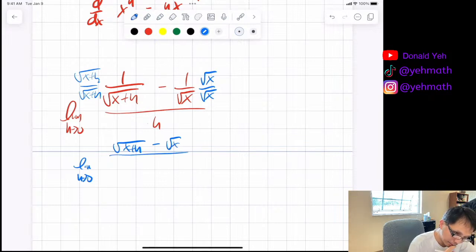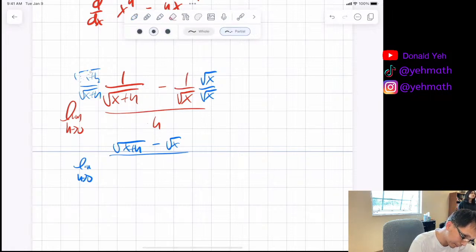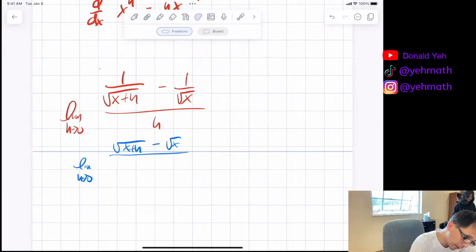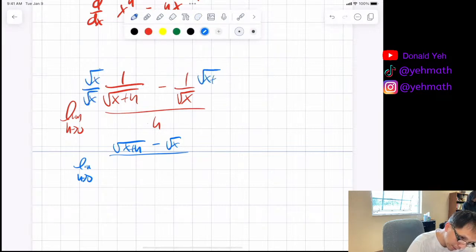Wait, did I do it wrong? I think I did it wrong. That should be multiplied the other way. My fault. Square root x over square root x, square root x plus h over square root x plus h.